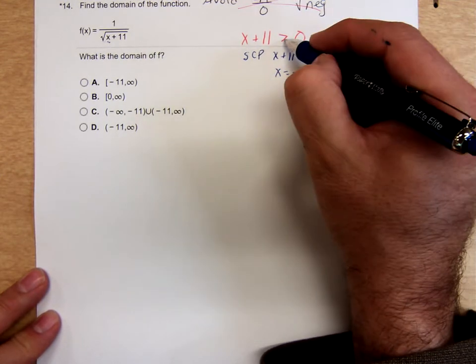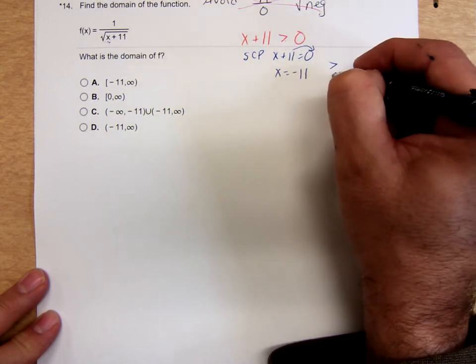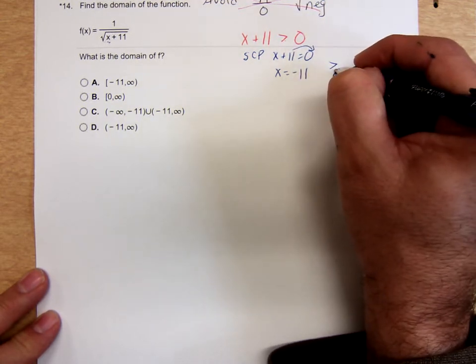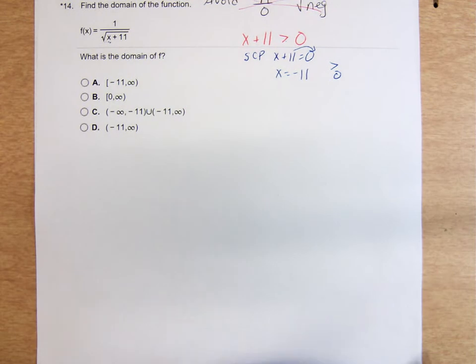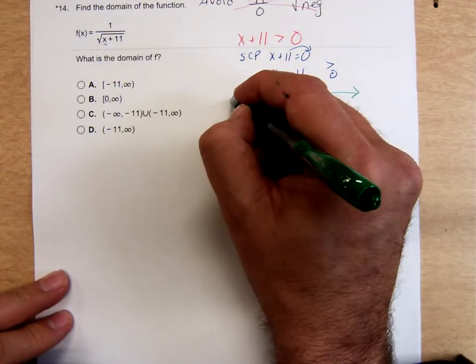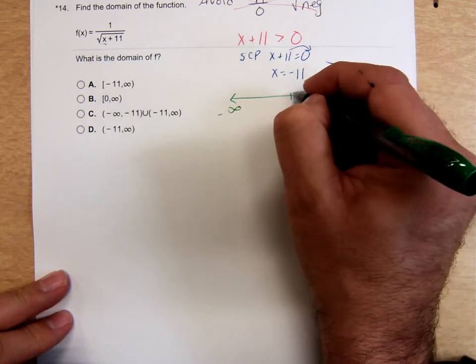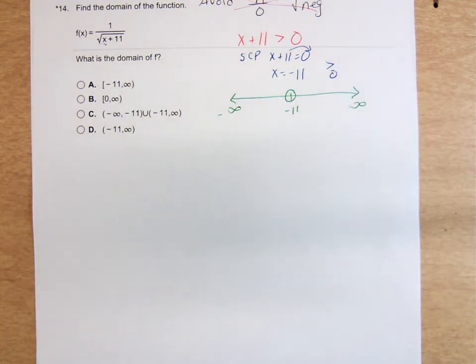There's not an equal sign on there, so I'm going to use an open circle. So I have one cut point at -11. Open circle. Now test one of the intervals.